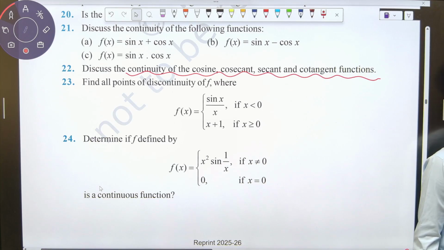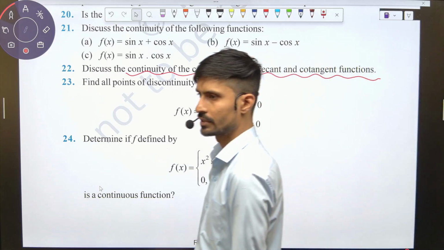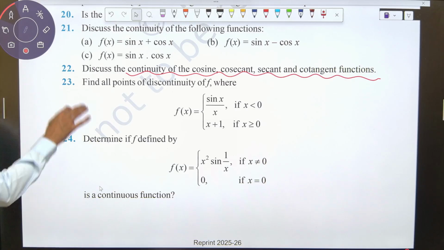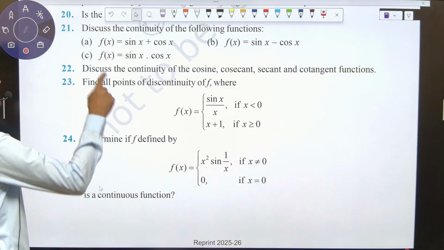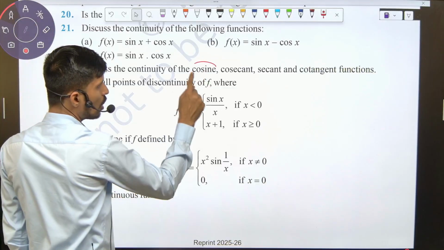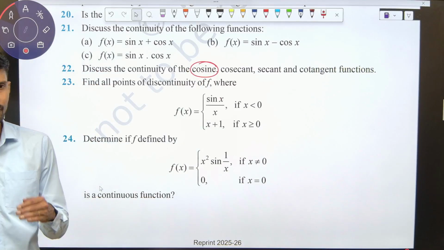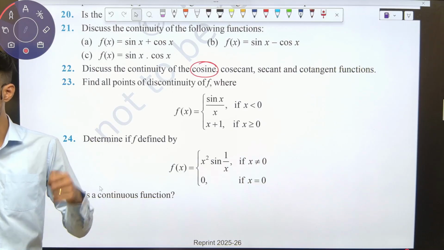Every function is continuous in their domain. It means we have to discuss about the cos function. We'll write first, every trigonometric function is continuous in their domain.